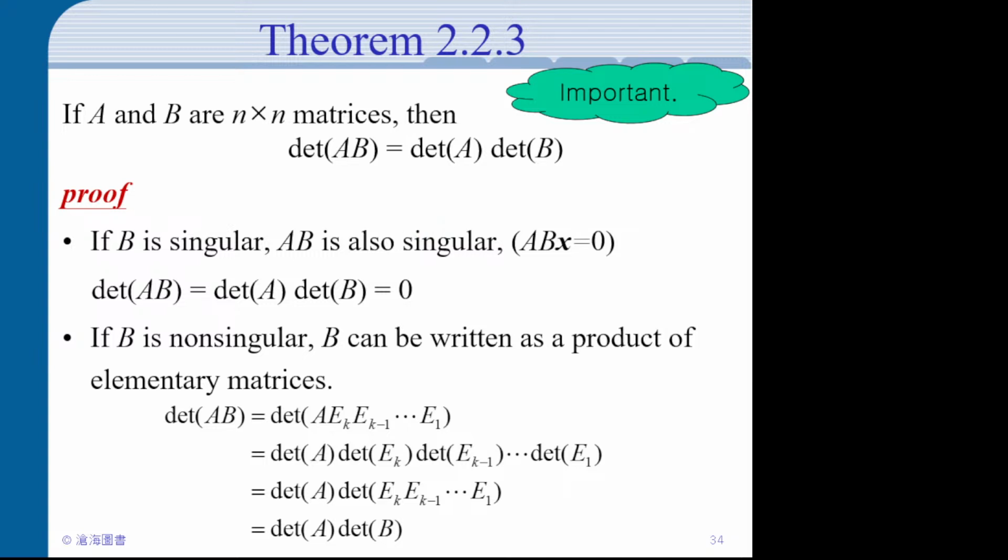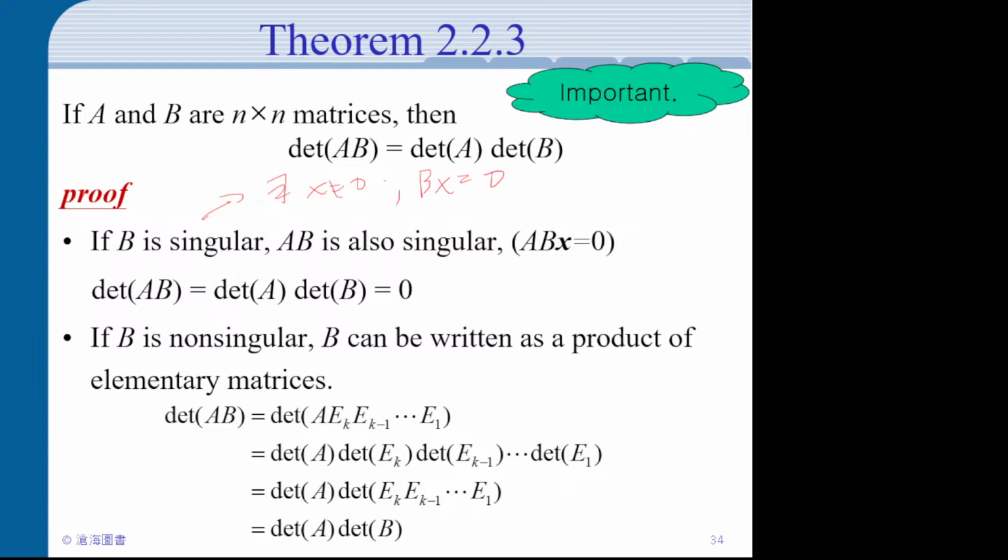So from B is singular, we know that Bx equal to 0 has a non-trivial solution. Okay, so maybe in this way: B is singular, then there exists x not equal to 0 such that Bx equal to 0.